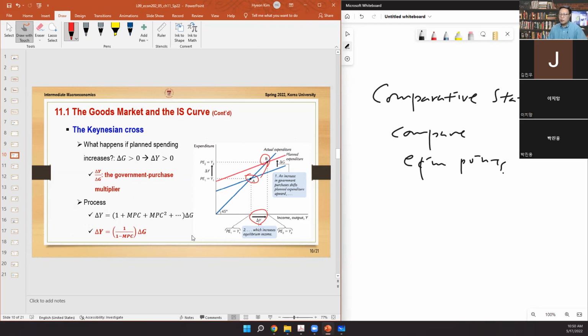In terms of the marginal propensity to consume, we follow an infinite geometric series of the MPC. That means we can measure the relationship between the change in government purchases and national income or output. That's why we can label this a multiplier. In other words, this process is explained by the multiplier effect.